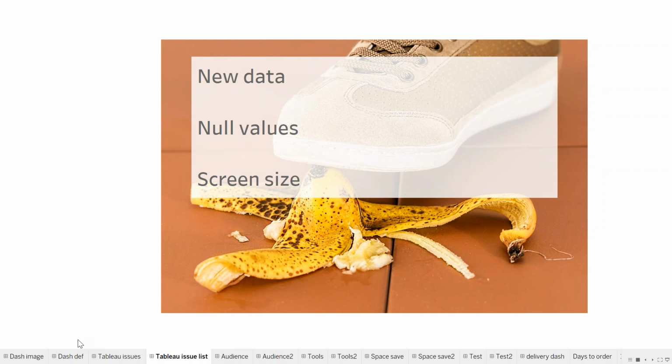So if the new data that comes in is not exactly what you're expecting, if it's much bigger ranges, if there's a different number of categories, for example, then that could really muck up your design, make things too squashed, make things look a bit strange. For example, with a pie chart which is showing 100% because you're only getting one category come through on it.